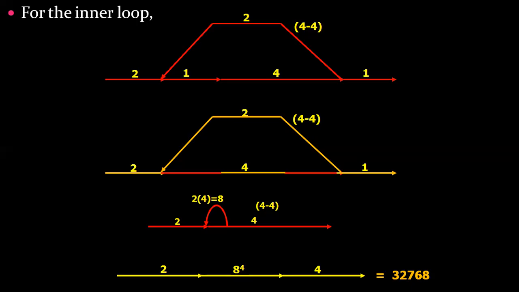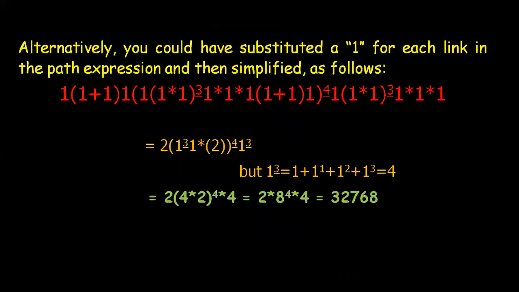Now let us calculate the total weights of the inner loop, which can execute the maximum number of 0 times and maximum number of 8 times. So as we know, the expression for this is what we calculated earlier in the last video.